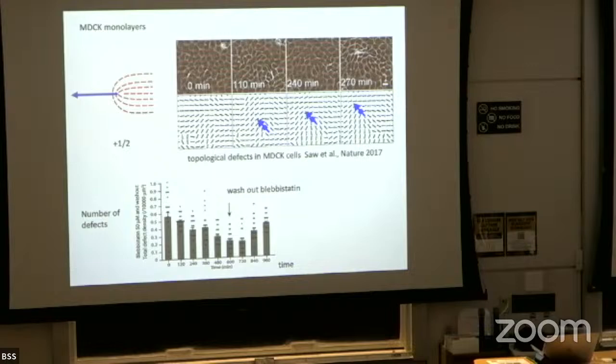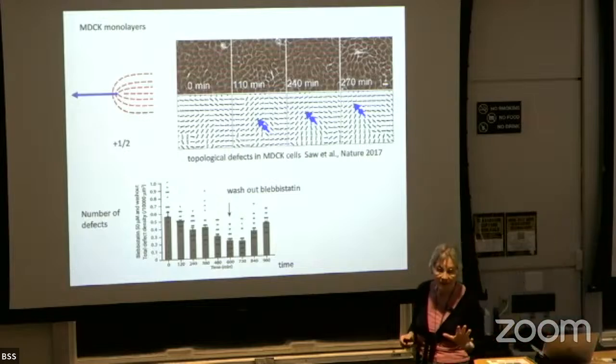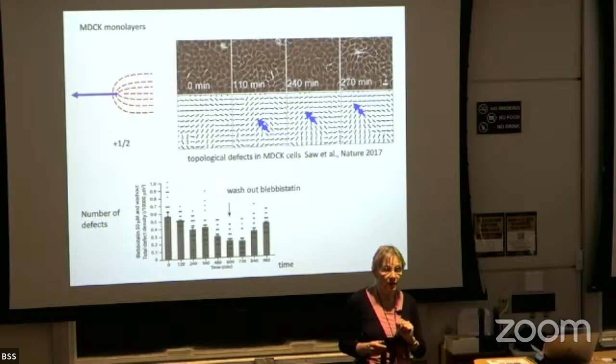The other thing we did in this paper, and when I say we, I mean Thuan Beng Saw in Benoit Ladoux's group did all the experiments. This is the number of topological defects as a function of time. And what happened here is that the experimentalists added blebbistatin to the cells. And blebbistatin is a sort of sleeping pill for cells. So if you add blebbistatin, these cells go to sleep, and so they're not active anymore.